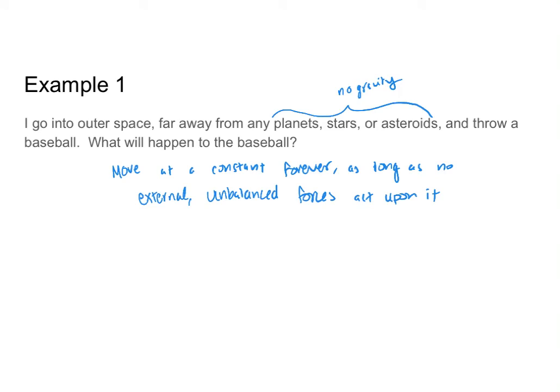So until it's caught by an alien or runs into an asteroid, that baseball is going to move at the same velocity forever. And you'll notice I wrote at a constant, and I forgot to write the word velocity, which is our key term here. That's going to be our key word, that constant velocity forever, without any extra forces acting on it.